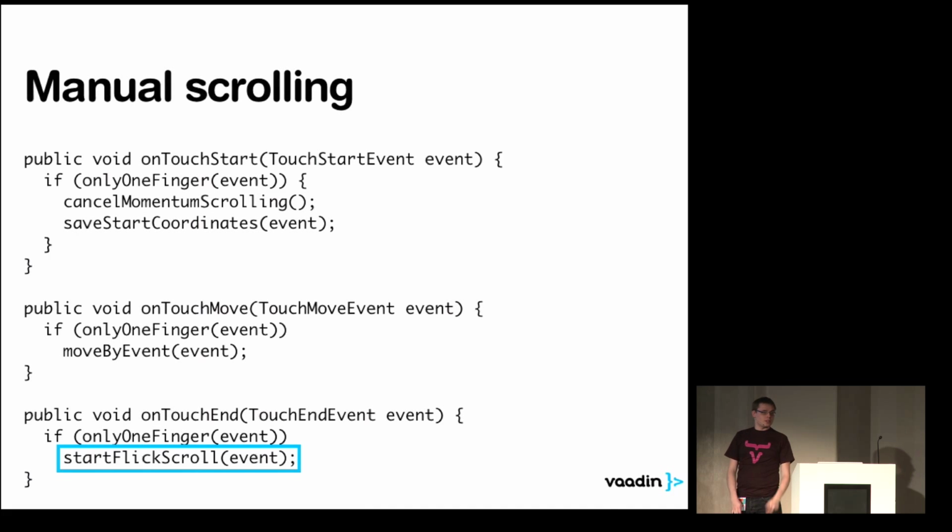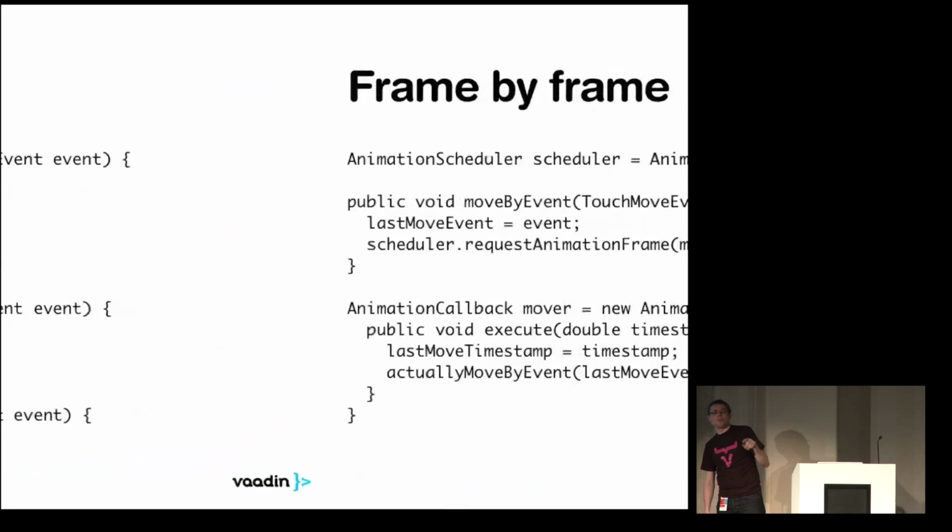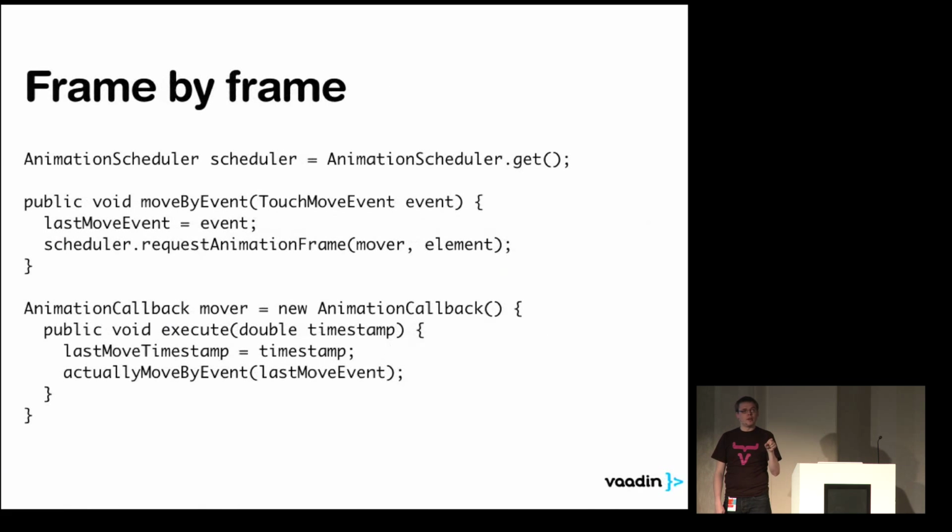Next, let's look at what happens when we get a touch move event, because that's not really straightforward. The problem is that we might get many touch move events basically at the same time, and it's really inefficient if you do all the calculations all the time. So instead, we use this thing that GWT provides, animation scheduler. It maps directly to native request animation frame functionality that all modern browsers have, and it can be faked for older browsers.